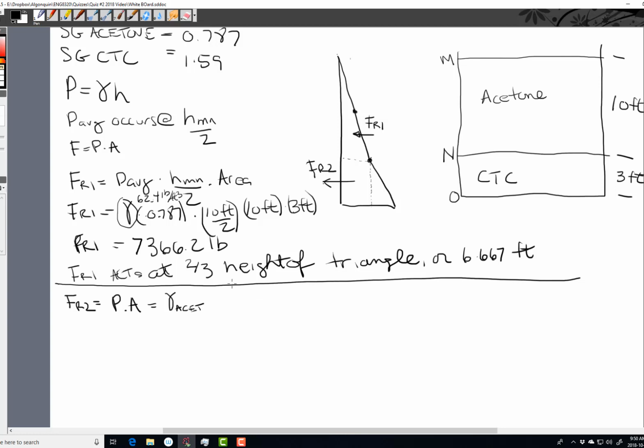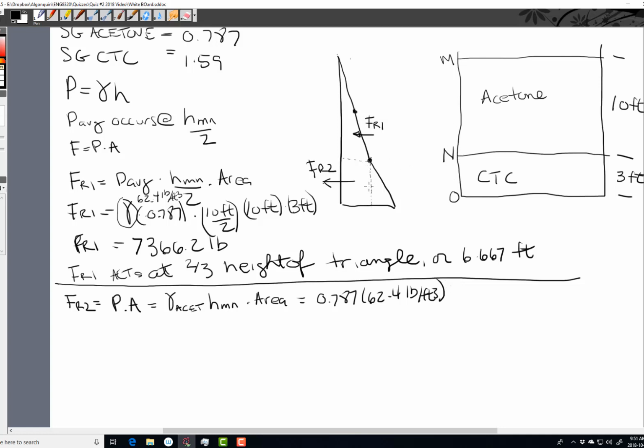It's the specific weight of the acetone times the height, which gives you the pressure right there, times the area. The specific weight of acetone, remember, is 0.787 times 62.4 pounds per feet cubed, times the height to here, because we want the pressure right here.